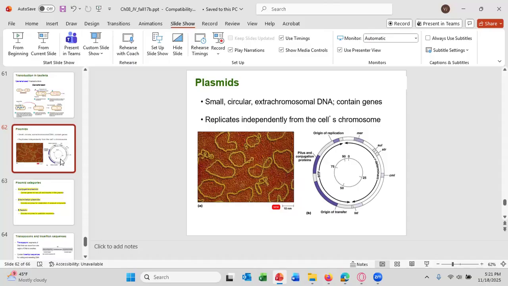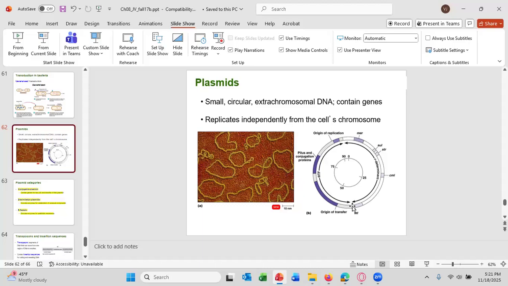The difference between a plasmid and a chromosome is a plasmid only contains a few genes, maybe a handful, at most two handfuls of genes, and a chromosome, as you know, contains thousands, tens of thousands, even maybe 100,000 genes, depending on the species and if there's only one chromosome in the species. So a plasmid is much smaller, but only contains a few genes.